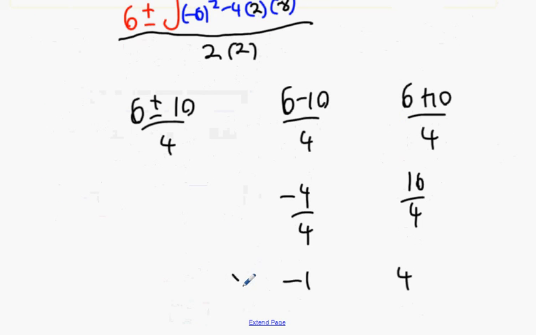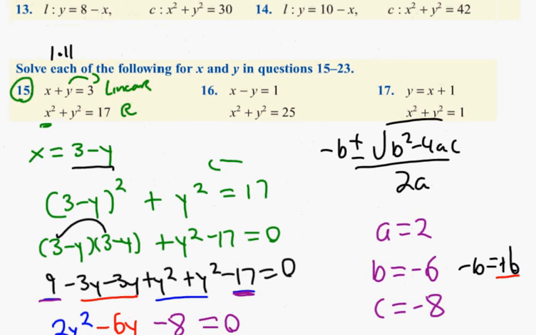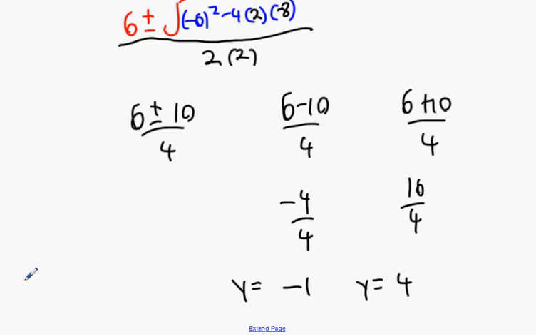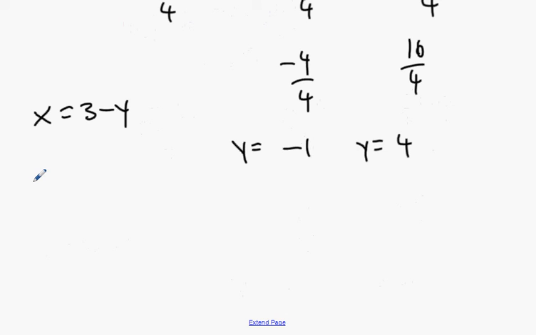These are the y answers. y equals minus 1 and y equals 4. Now at the very top we said our x value is 3 take away the y value. x equals 3 take away the y value, which is going to be, anybody remember? So 3 minus 4, which means x equals minus 1.